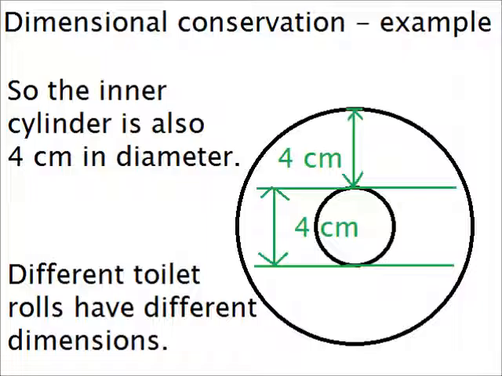Different toilet rolls, of course, have different dimensions, so not all toilet rolls will be like this, but if you can imagine, it would pretty much look like this. I actually measured a new one recently and it turned out to be 12 centimeters across, which would be pretty much these dimensions.